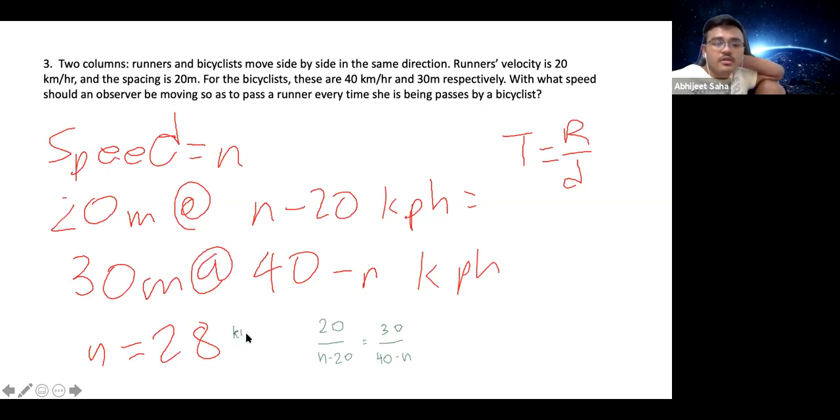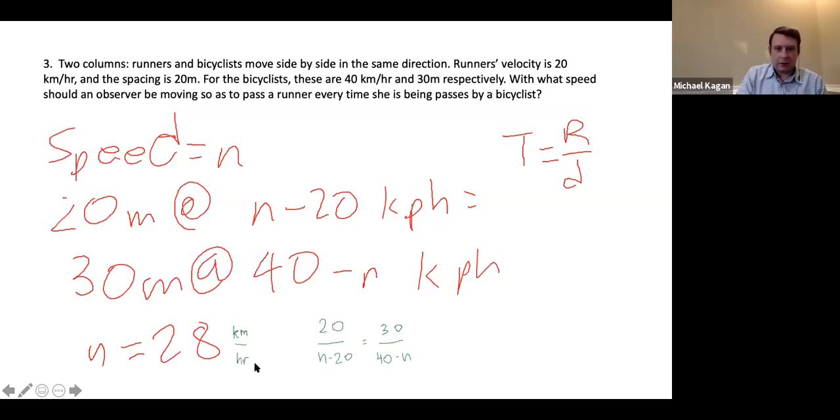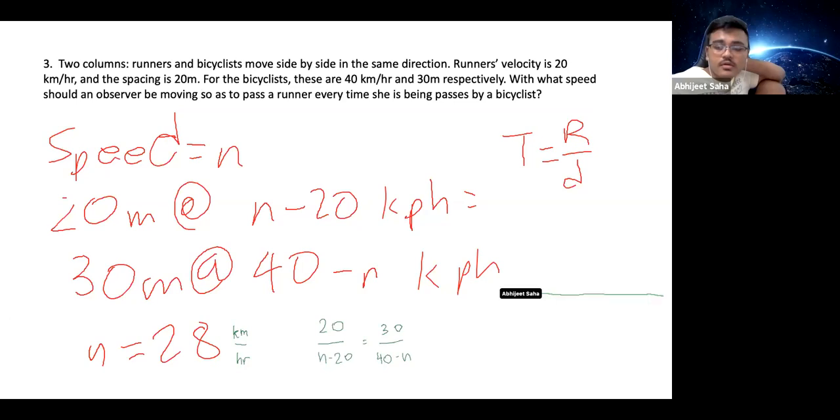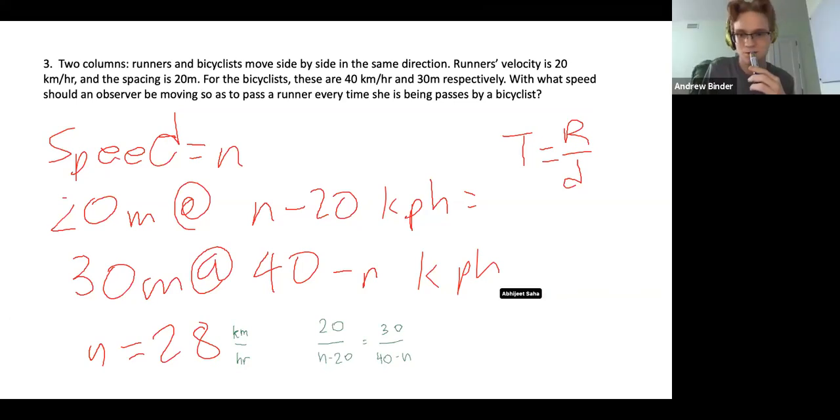Wait, can we draw like a diagram? That's a good idea. Who wants to draw a diagram? I guess I'll draw right here. I can draw it on a new page.